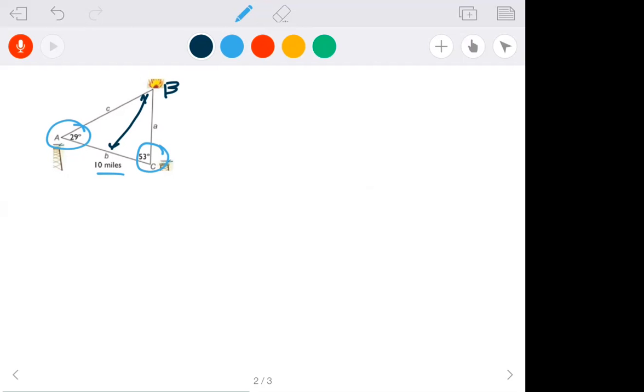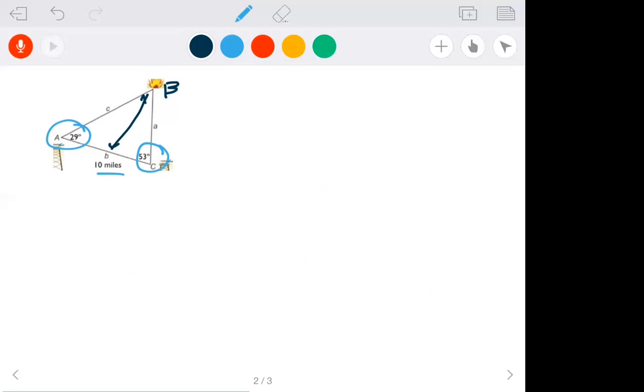So when we are given this situation, there's a number of things that we can do here. But first, we're going to try to solve for the side lengths. I am given 29 degrees and 53 degrees.